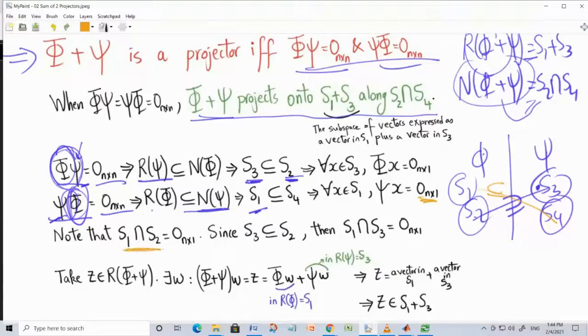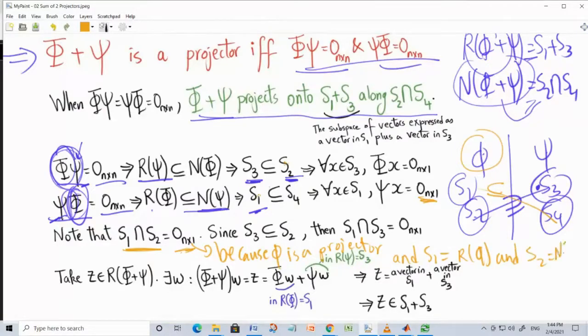Of course, note that S1 intersection S2 is equal to 0. This is because, from the very beginning, we said that phi is a projection matrix. So the range intersection the null space is just the all zero vector. Phi is a projector, and S1 is the range of phi, and S2 is the null space of phi, so their intersection is just the all zero vector.